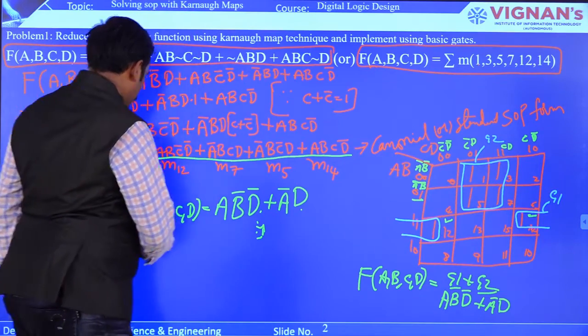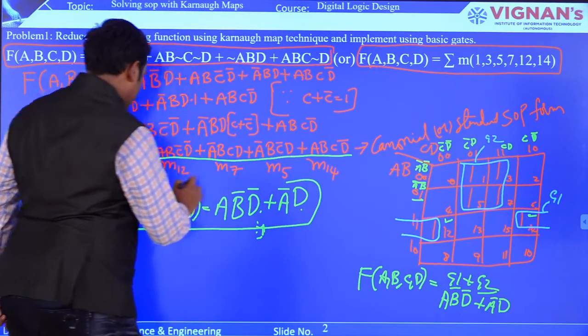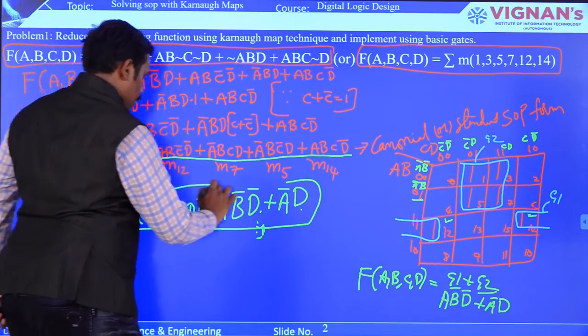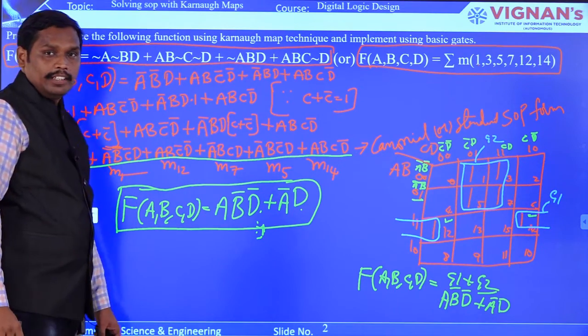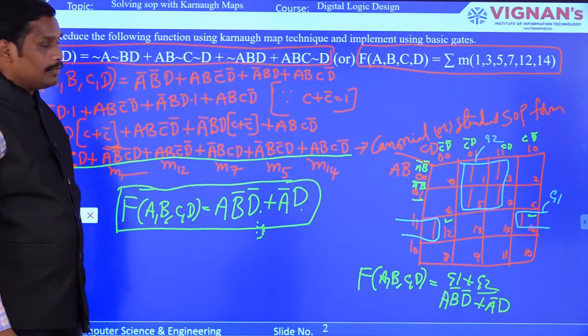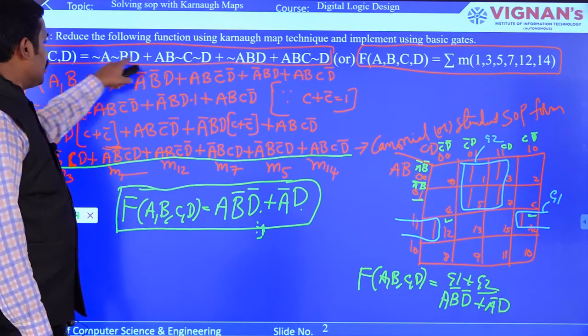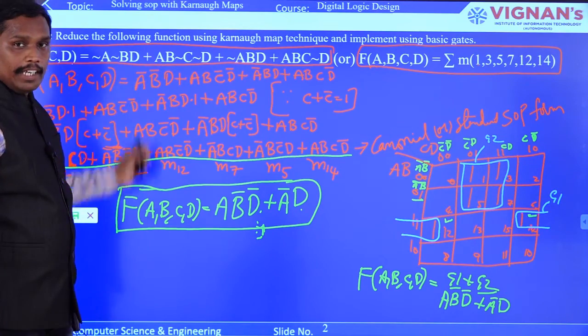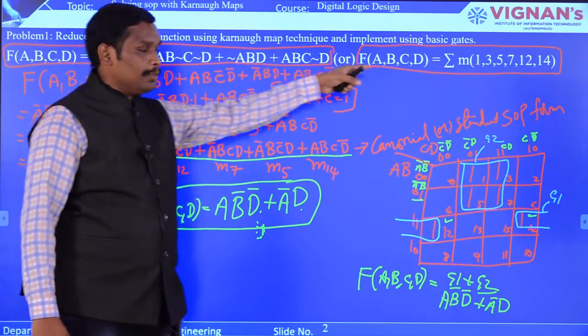So this is a simplified SOP form. Are you getting it? This is how you have to solve a given problem. So this is how the questions can be given, that is in Boolean expression form as well as min-term form.